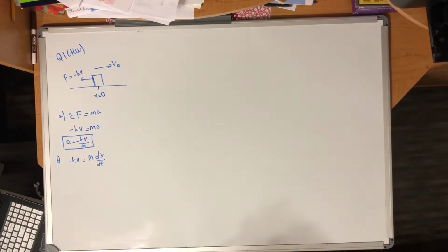This is my mass and this is my acceleration, so I write my acceleration in terms of v, and that is dv over dt. And now I need to solve this equation.